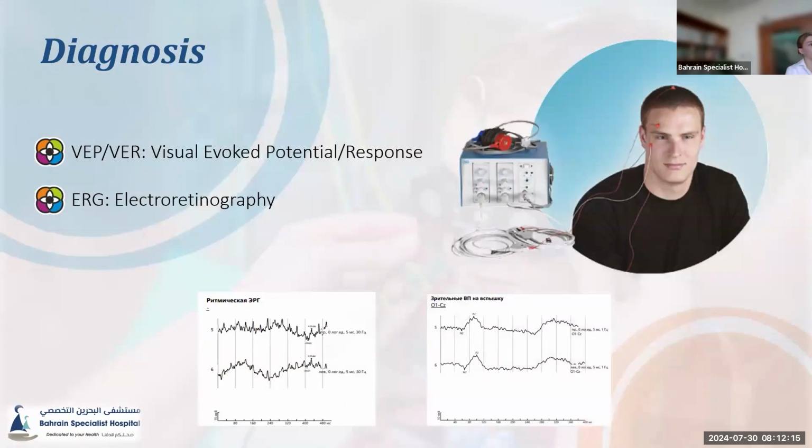The other highly precise diagnostic methods are visual evoked potentials and electroretinography. Both of them will give us information about whether there is any problem in the visual system, even when a child is too small. If you are not sure whether your child's eye is able to see, visual evoked potential will answer this.